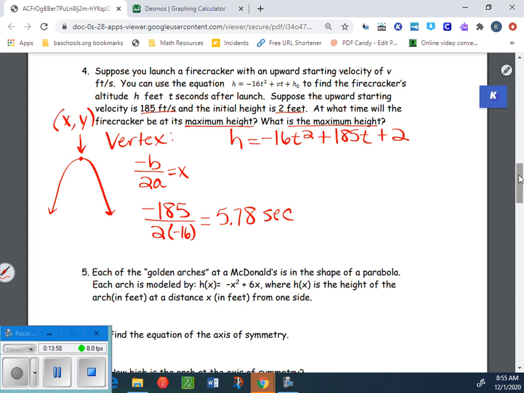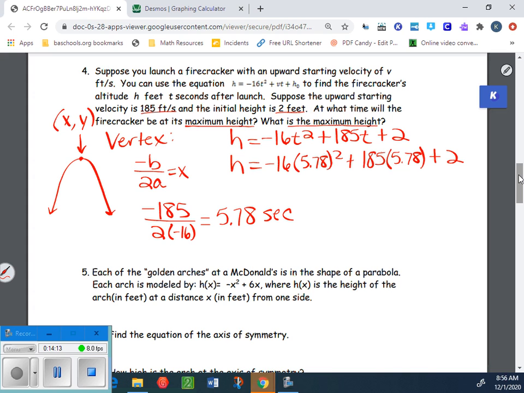And then the way I find the height is I just substitute that back in. -16 times 5.78 squared plus 185 times 5.78 plus 2.